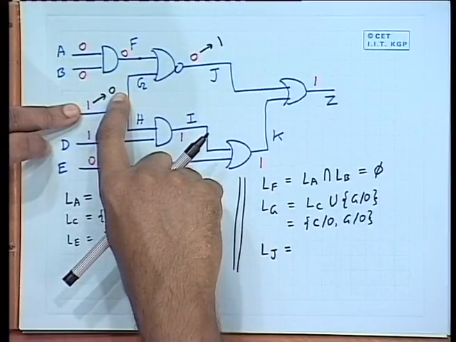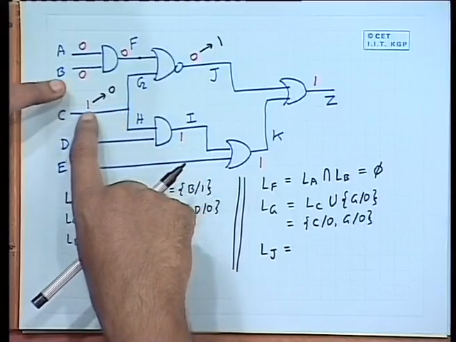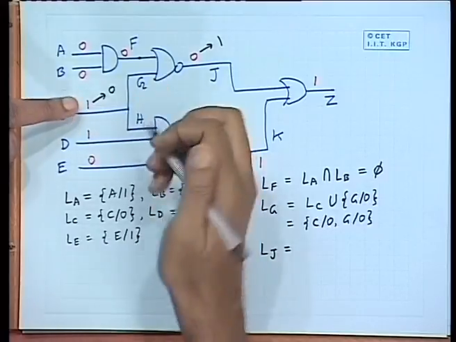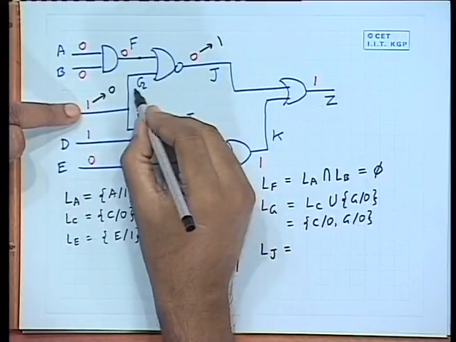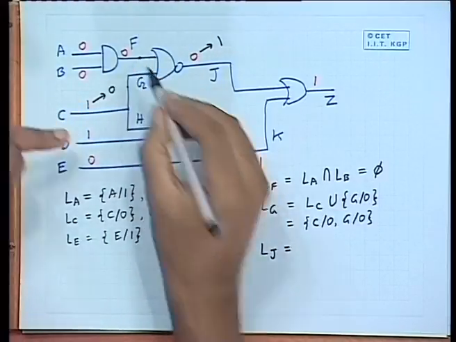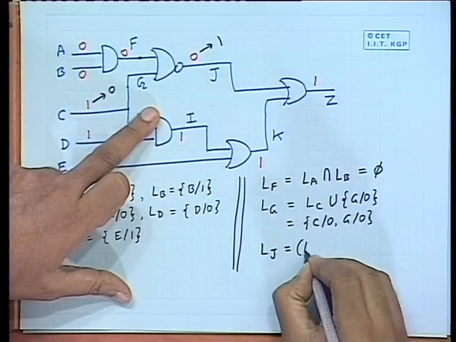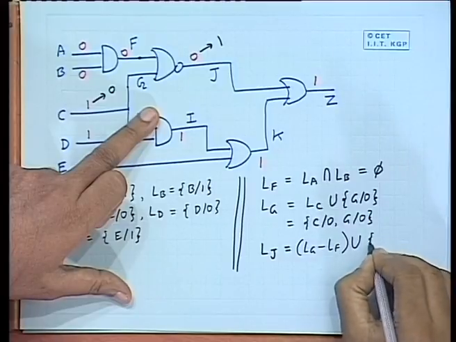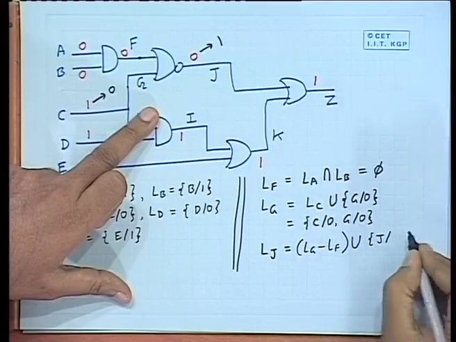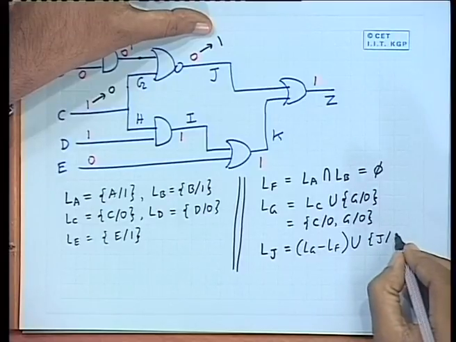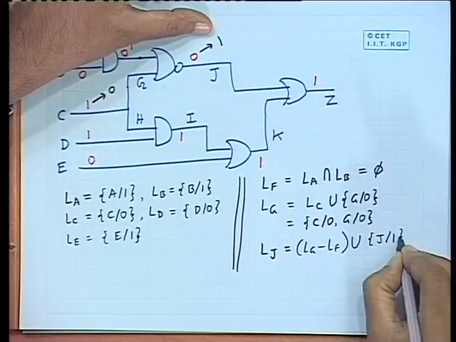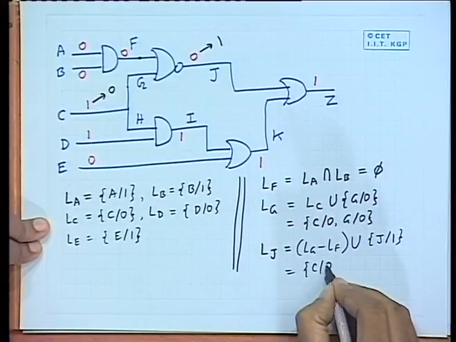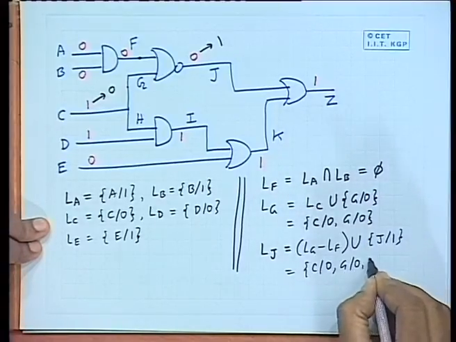This you can make it 0 by having a logic event here, sorry, G, not C, it will be G, logic event here and not having a logic event here. So, it will be LG minus LF union the fault J stuck at 1. So, LG minus LF will be C stuck at 0, G stuck at 0, J stuck at 1.